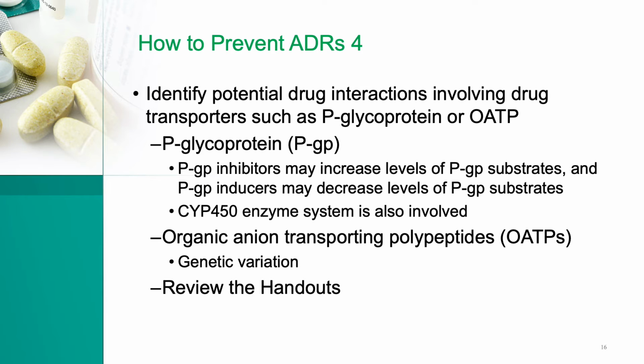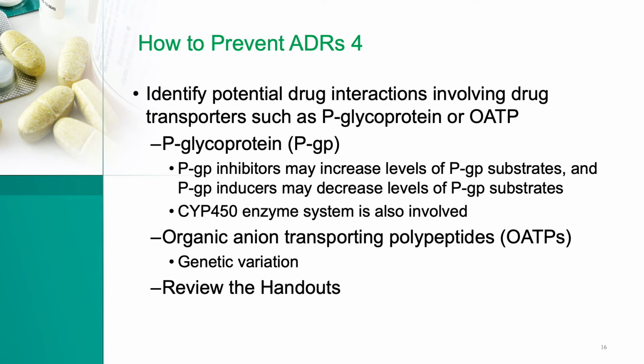In opposition to P-glycoprotein, which is an efflux pump, are organic anion transporting polypeptides, or OATPs, which are uptake transporters. They transport drugs into cells. Like P-glycoprotein, they are located in the gut, liver, kidney, and blood-brain barrier.